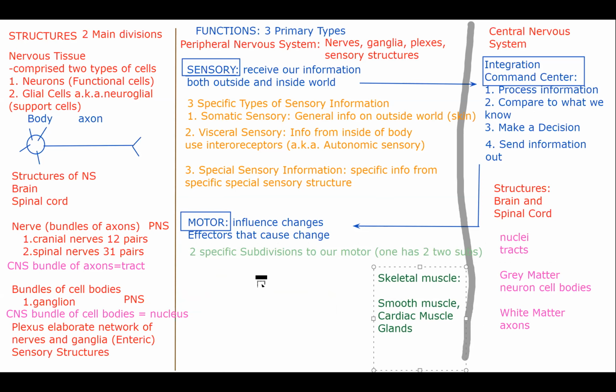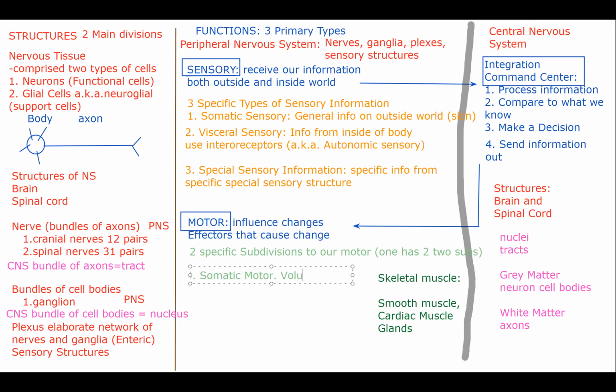So there are kind of 3 subdivisions, but we'll see how this works. The first subdivision is what we call our somatic motor. This somatic motor subdivision should sound familiar, because this is the one that we know controls our skeletal muscle.